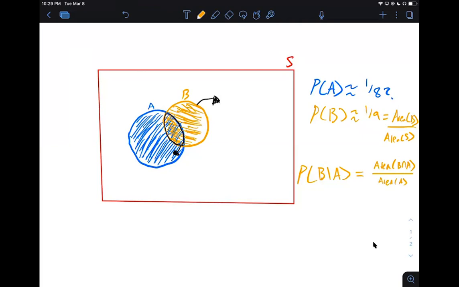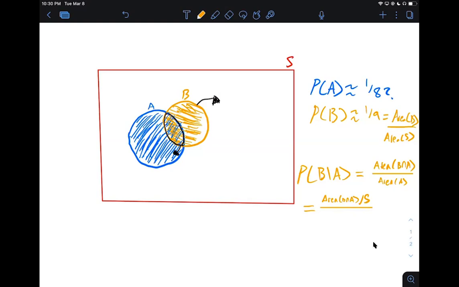So what if we now divide the area of B and A by S? And now you might be thinking, well, that changes the numbers. And indeed it does. But remember that in algebra, we are allowed to divide the numerator and the denominator of a fraction by the same number without changing it.